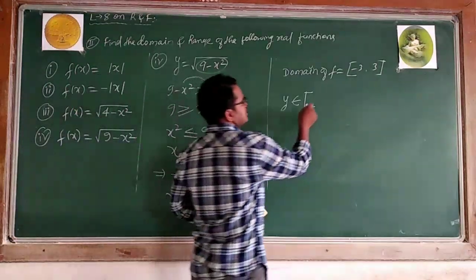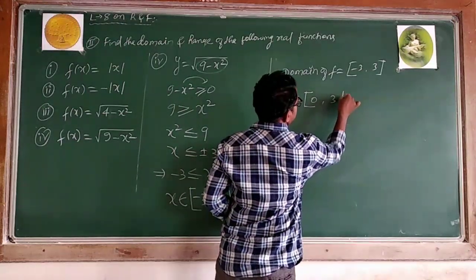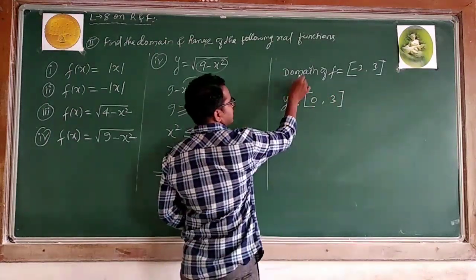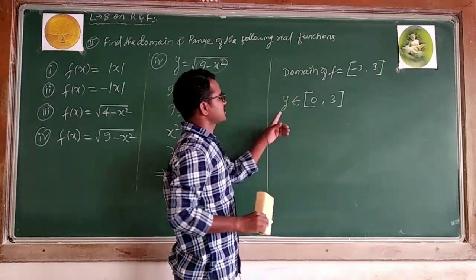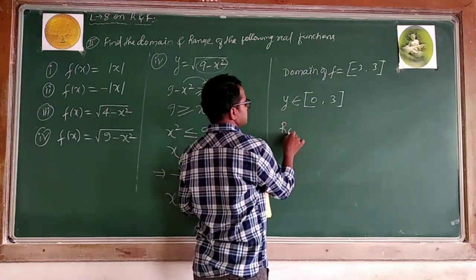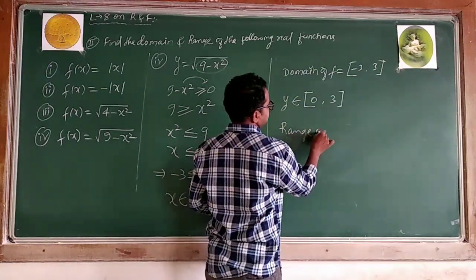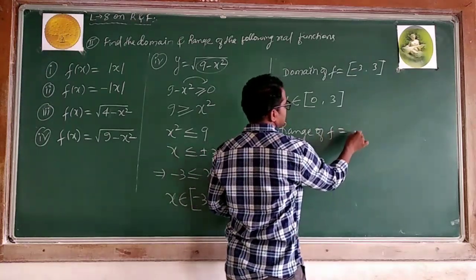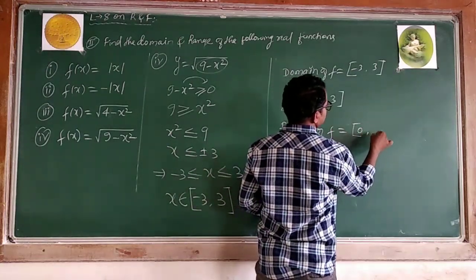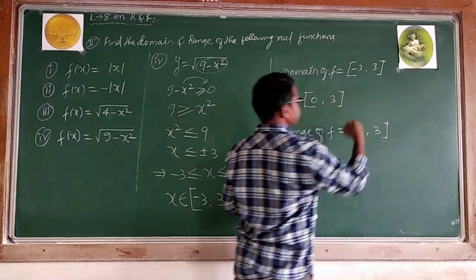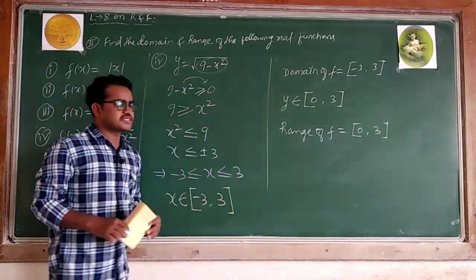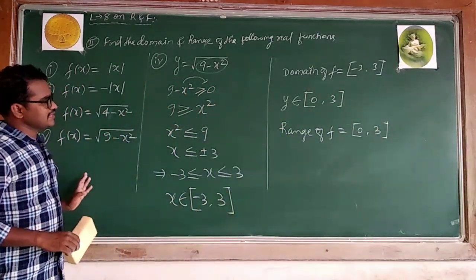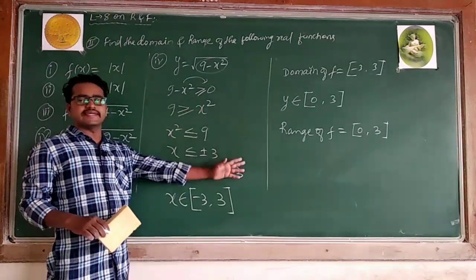I can write 0 to 3 as the range. The domain is −3 to +3, and the range of f is 0 to 3. Is it clear? This is finding the domain and finding the range.